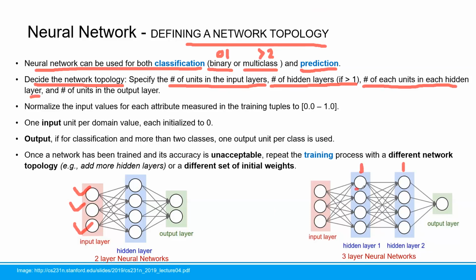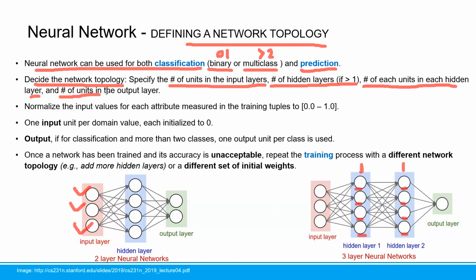Let's suppose we have 4 units in hidden layer 1, and also another 4 units in hidden layer 2. Then it is equal. But sometimes the hidden layers may have different numbers of units.